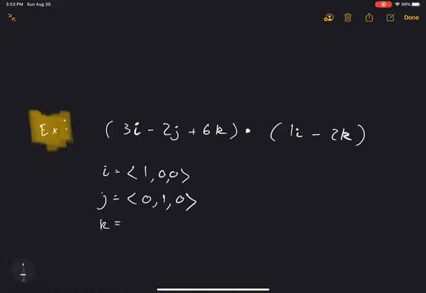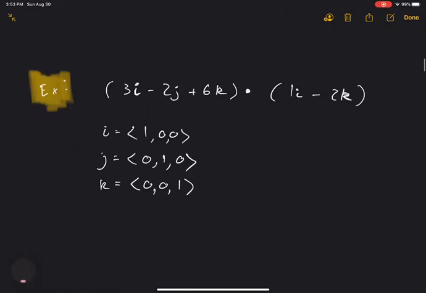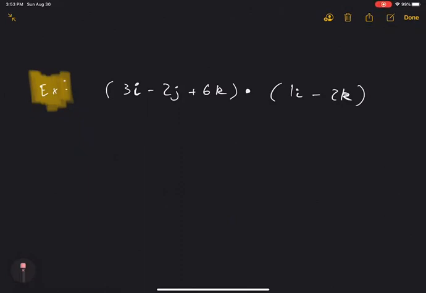And k is the unit vector in the direction of z. So when I have 3i minus 2j plus 6k, what is that vector? That's the same as saying we have this vector.